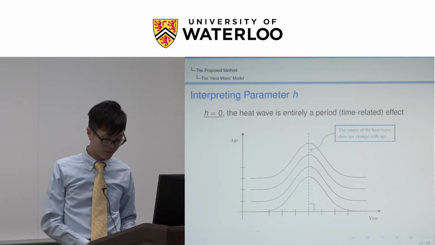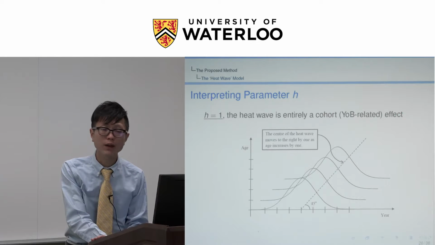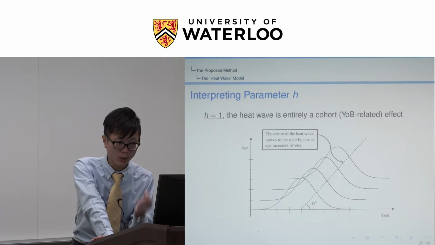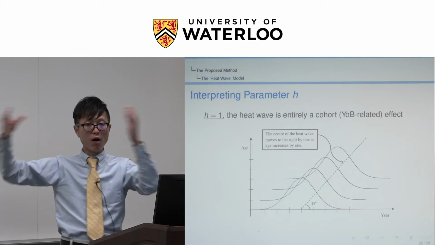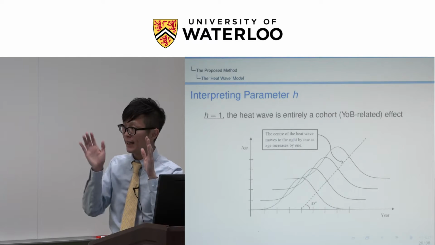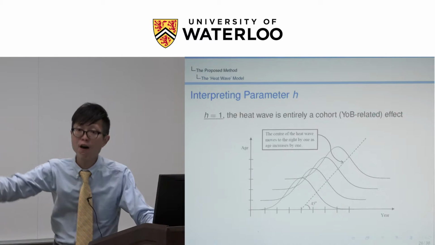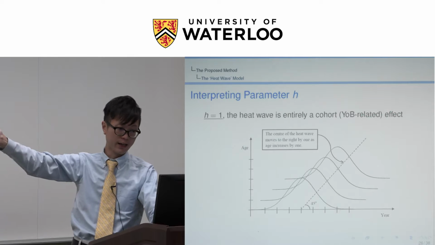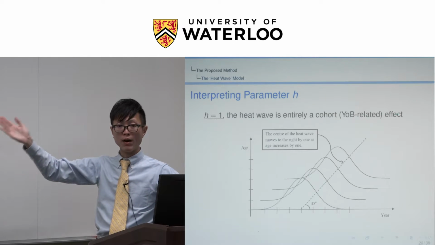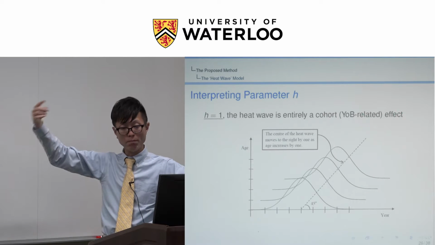with cohorts. But in the other extreme, when h equals 1, the center of the heat wave will move to the right by 1 as the time increases by 1, and in effect, the heat waves will line up perfectly diagonally like this. And remember, a diagonal in the heat map represents a year of birth.